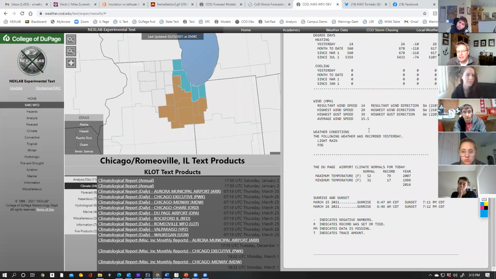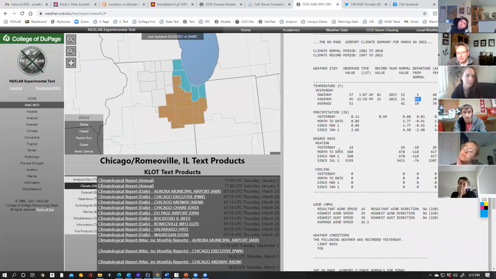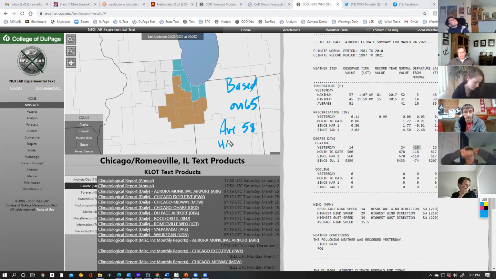And then we talk about the heating degree days. Yesterday, because it was 10 degrees above normal, there's negative 10 heating degree days. What is a heating degree day? All the degree days are based on what temperature? 65. Based on 65. The average is just the high plus the low divided by 2.